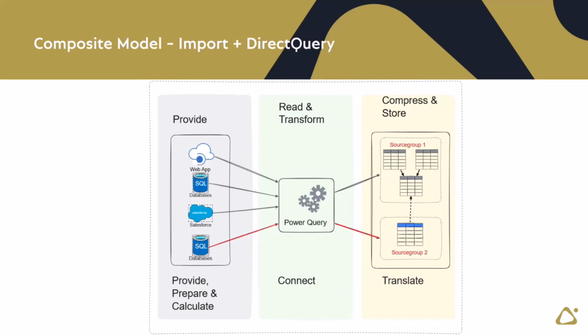Therefore, we do see two ways in this picture. In the upper area, we see the process from an import model perspective, whereas the perspective of the direct query model is drawn at the bottom. Both patterns can exist side by side in one semantic model. This is what makes this type of model, or all composite models, quite powerful.